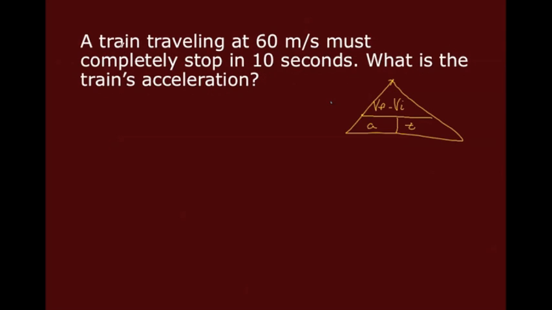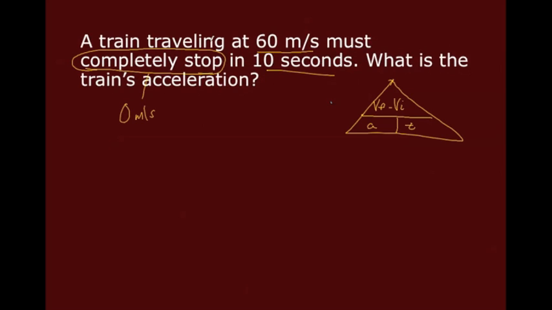So it says a train traveling at 60 meters per second must completely stop in 10 seconds. So although they didn't give us a number, they're telling us that it's going to completely stop. And when something is completely stopped, its speed is 0 meters per second.